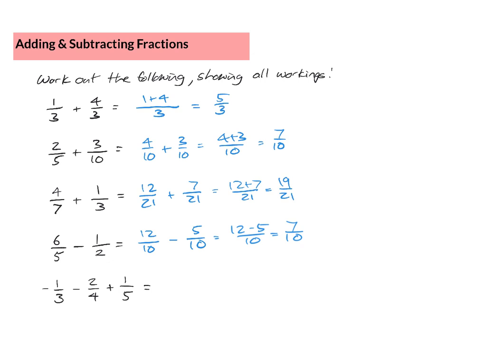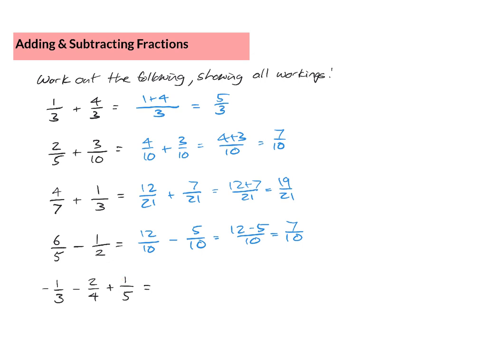The final one looks a bit complicated. There are a couple of different ways you can work it out. You could work out these two first, so minus 1/3 take away 2 over 4, and then once you've got the sum of that, you can add that to 1/5. You could try and simplify this one first and make that into a half, but you're still faced with the same problem of 3 fractions.